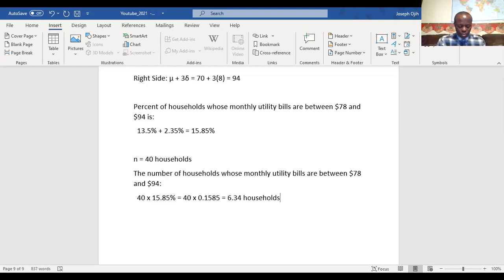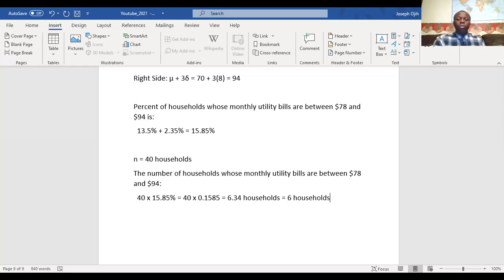Of course we don't. So what you're gonna do is to round it. Some books will say round up, some will say round down, but I will just say if you round up, you exceed the boundaries. So I'm gonna just say it equals 6 households.